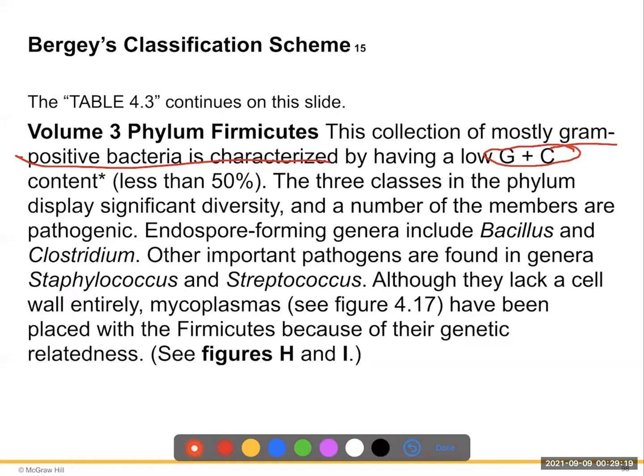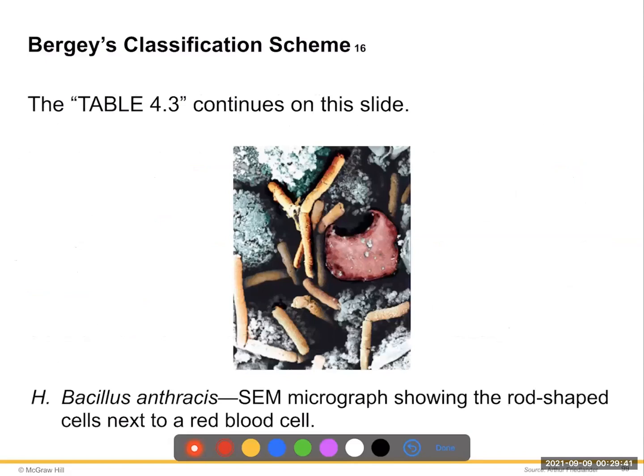These are endospore forming, generally including Bacillus and Clostridium. Remember, endospore formers produce toxins and are very hard to get rid of. Found in this group are your Staphylococcus and your Streptococcus. And you can see Bacillus anthracis.